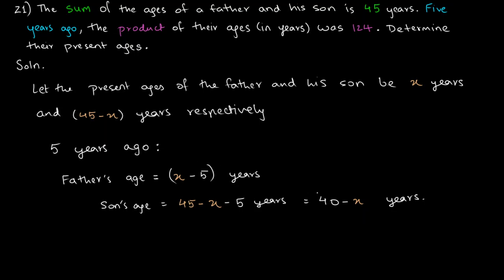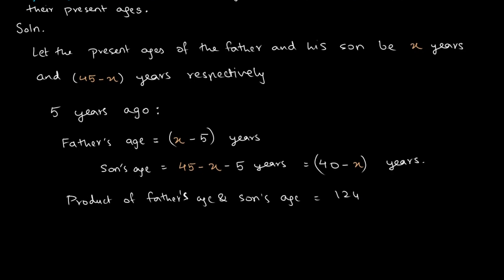the son's age is 40 minus x years, and the product of the father's age and the son's age is equal to 124. Now I need to substitute the values here.